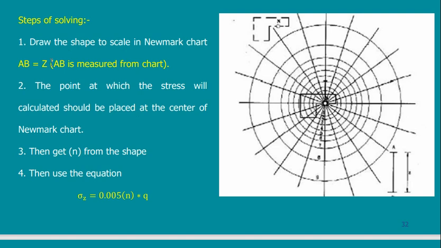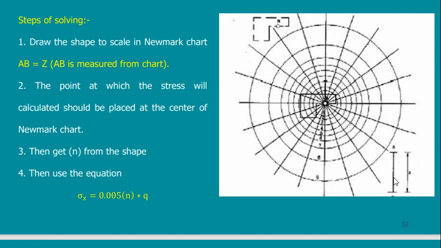So now, according to the depth at which I want to calculate the stress, if I want to calculate the stress at a depth of 5 meters, in this case, on the Newmark chart, this line AB, this length will be equal to 5 meters.